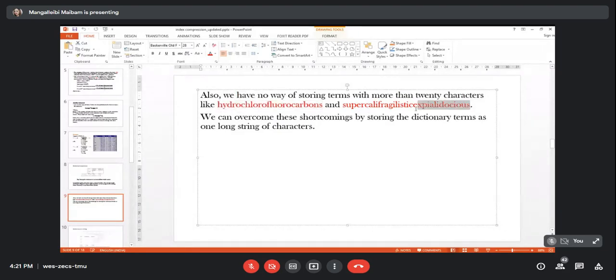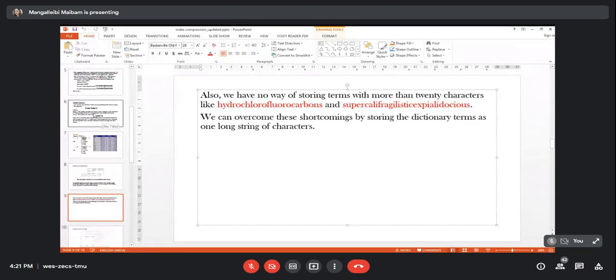And there is another word which is very long here. So we cannot store such terms in this type of scheme, because we have only 20 characters for term storing. It will take up to only 20 bytes and the remaining will be ignored or discarded. So the actual meaning will be lost. Clear? So this scheme has such disadvantages.